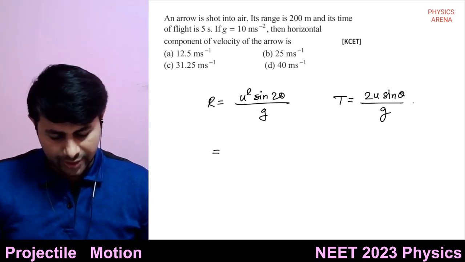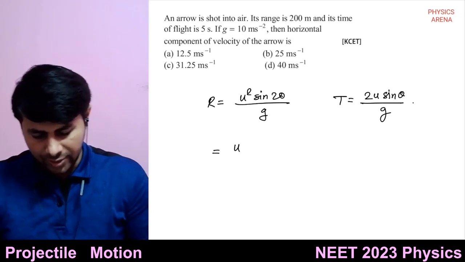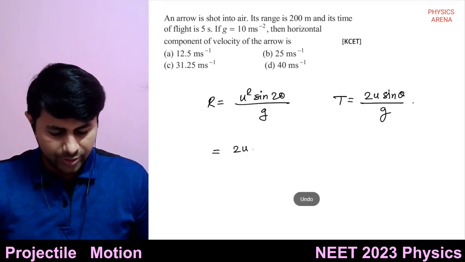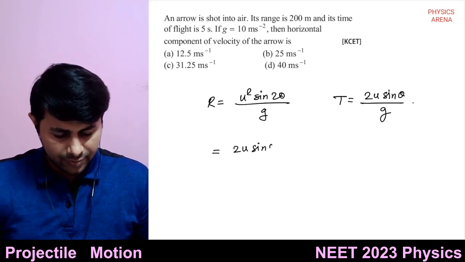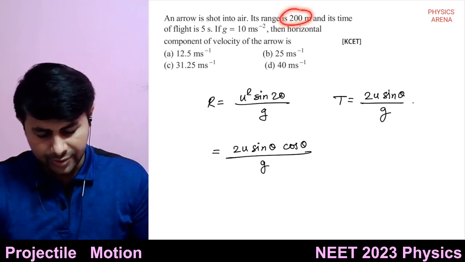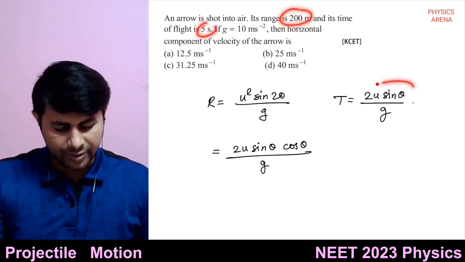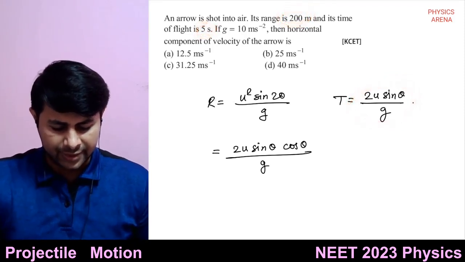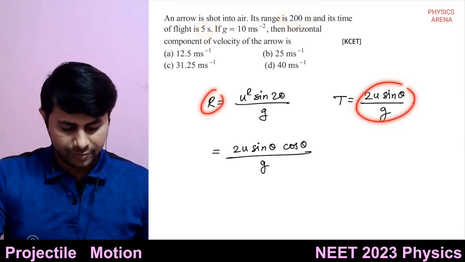So this can be written as u square sine 2 theta, which is 2 times u square sine theta cos theta divided by g. Because range is given and time of flight is given, can you write range in terms of time of flight? Yes, we can write.